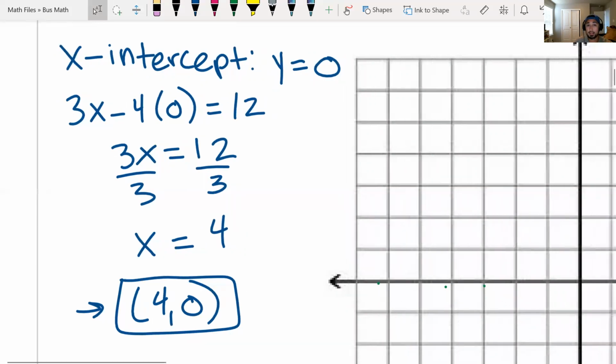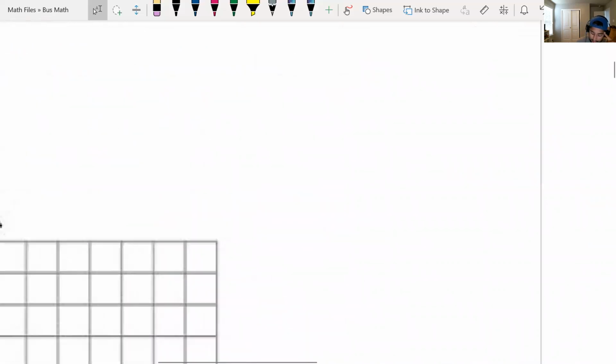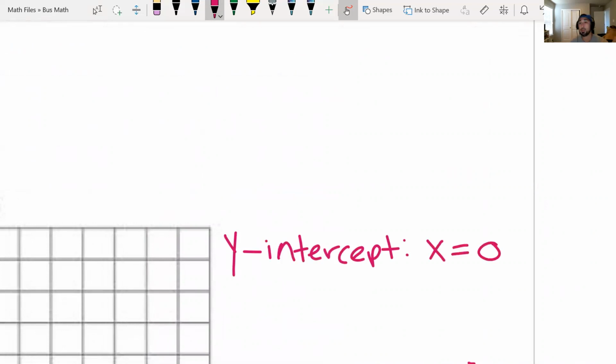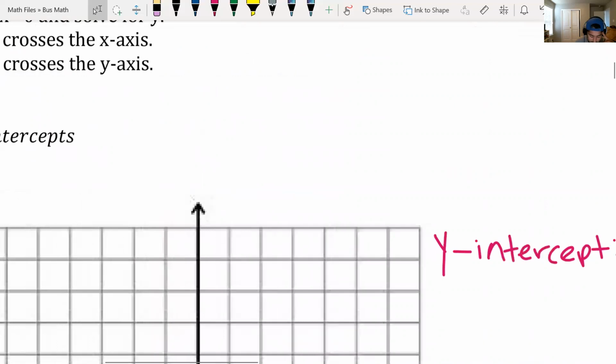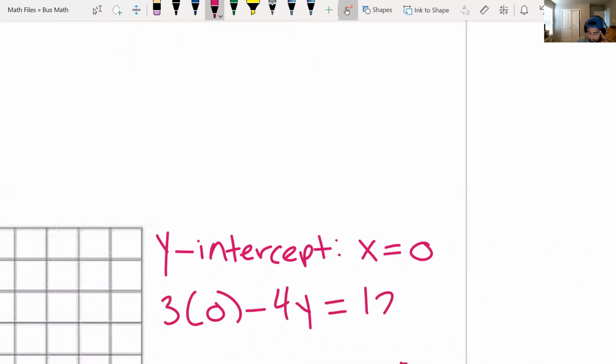Okay. Now let's look for the y-intercept. And for a y-intercept, you let x equal 0. Okay. And we were using 3x minus 4y. So this would become 3 times 0 minus 4y equal to 12.